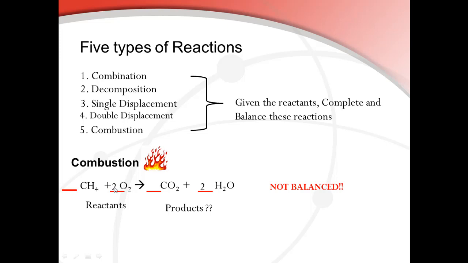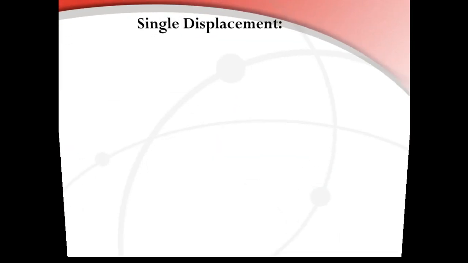In order to balance the hydrogens, we had 4 hydrogens in the reactants, only 2 in the products, we needed a coefficient of 2. This 2 also applied to the oxygens, so now we have 2 plus 2 is 4 oxygens, so we need a 2 here in front of the oxygen in the reactants. So now it is balanced.